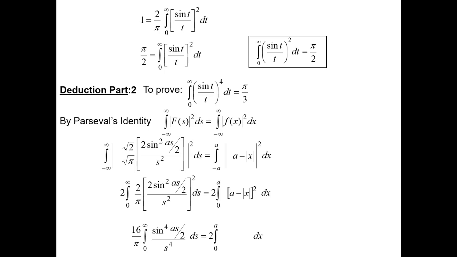And for the right hand side, a minus modulus of x can be written simply as a minus x, so a minus x the whole square dx. Here 16 and 2 get cancelled, we get 8 only. So it is 8 divided by pi, the left hand side term is sine power 4 as by 2 divided by s power 4, and the right hand side term is integral over 0 to a of a minus x the whole square dx.